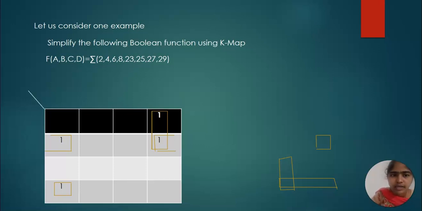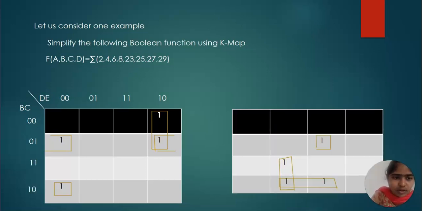Here we have to take two tables because there are more than 16 numbers. We have to pair them and see the summation of that.